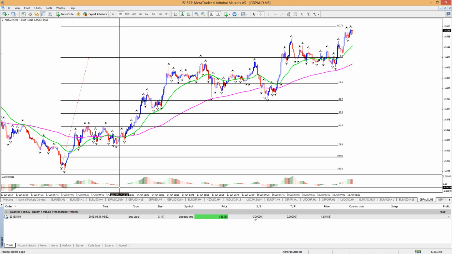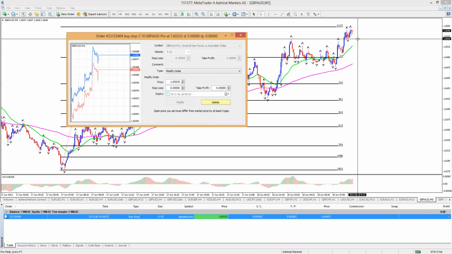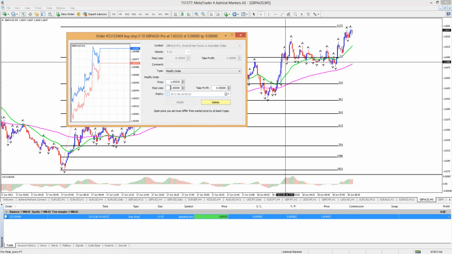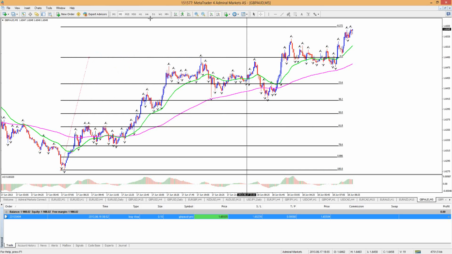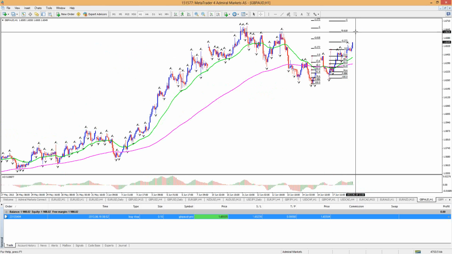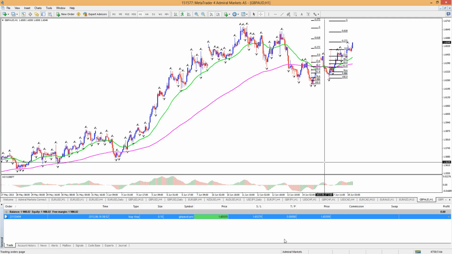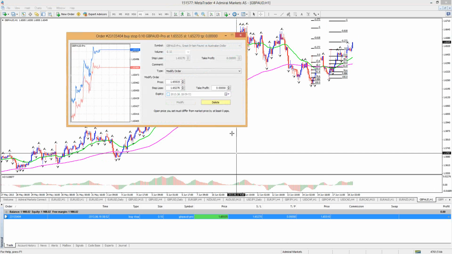And then I will change it to 165.27. And I will go for the 618 target, which is at 166.26 or 166.20 for the moment.